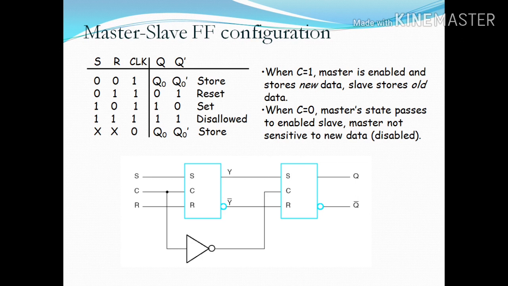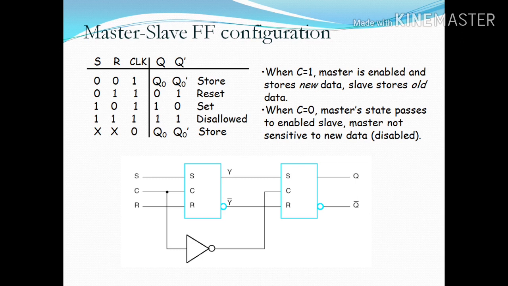Just the opposite, when S is 1 and R is 0, it gives you the set value. When both are 1, that is a disallowed condition. And when the clock pulse is 0, whatever the S and R values are, it always gives you the stored value. That means the previous output will be retained.